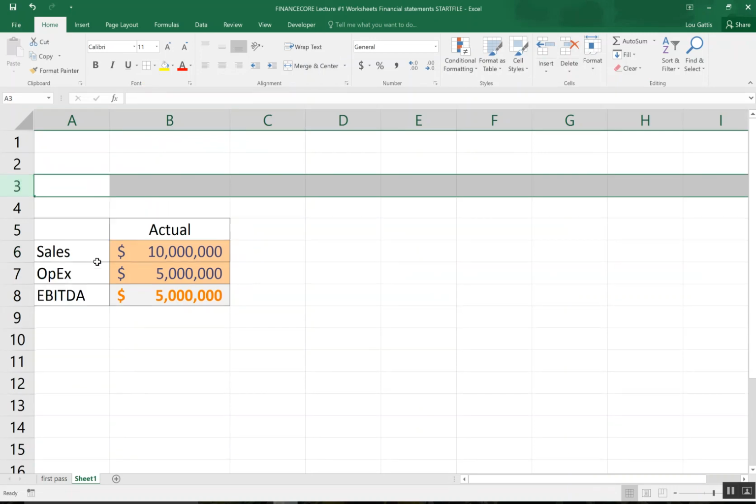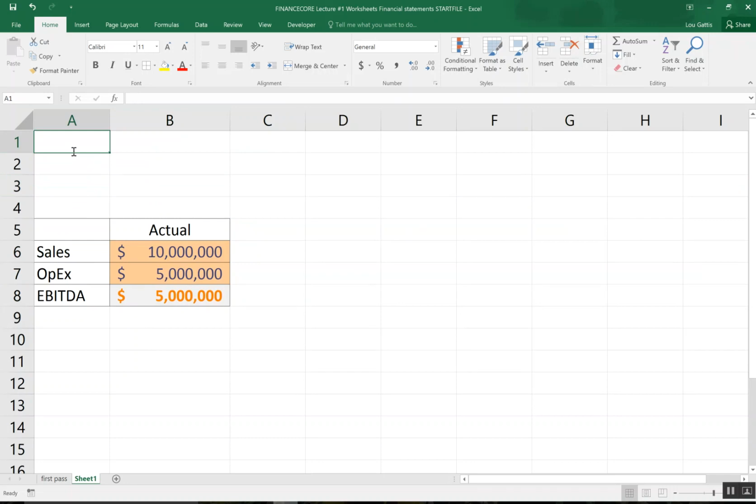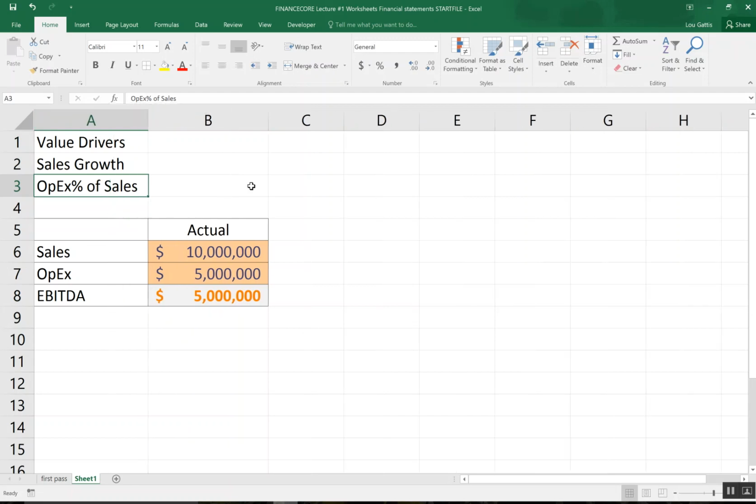So I'm going to insert, and I'm going to put in my value drivers. So it's best practices to have all your value drivers, the things that drive the future results, up top. So that's going to be sales growth, and that's going to be OPEX percent of sales. I'm going to widen that column a little bit.